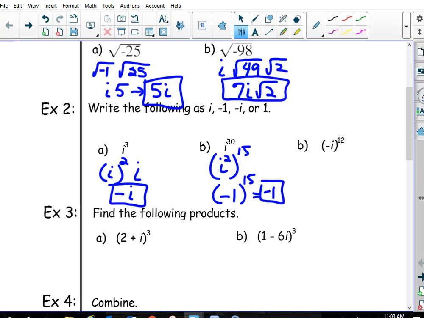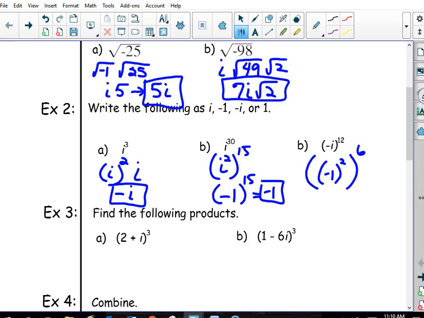Same idea here, -i to the 12th. I'm just using the properties of exponents to kind of do my thinking. This is going to be -i squared, all to the 6th power.